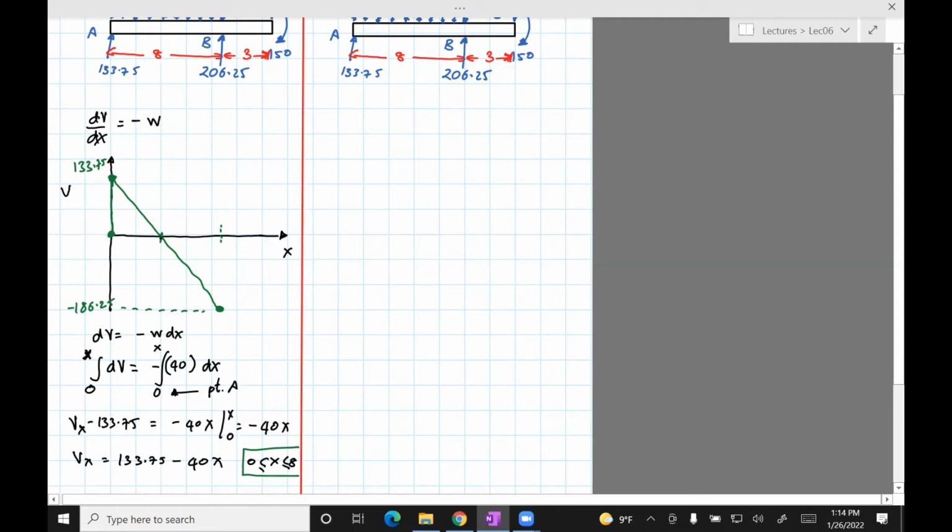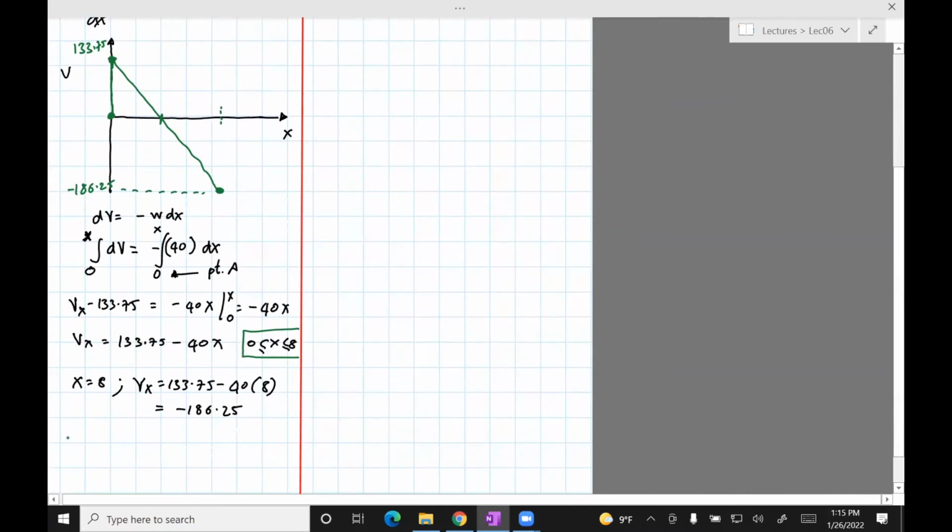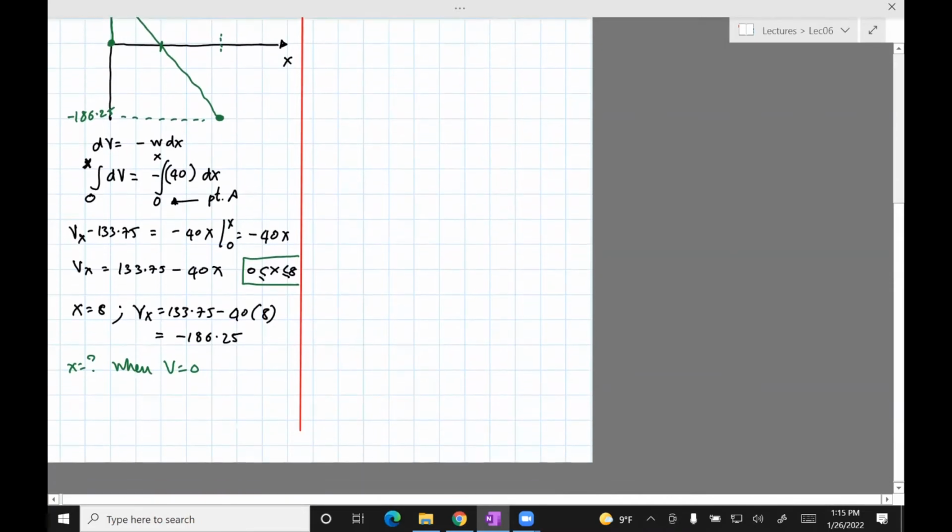So clearly, if you join those 2 points, there's a point at which the shear force is 0. If you want to find the location of the point at which the shear force is 0, so we want to find x when v equals 0. All we got to do is, in this equation, put Vx equals 0 equals 133.75 minus 40x, right?